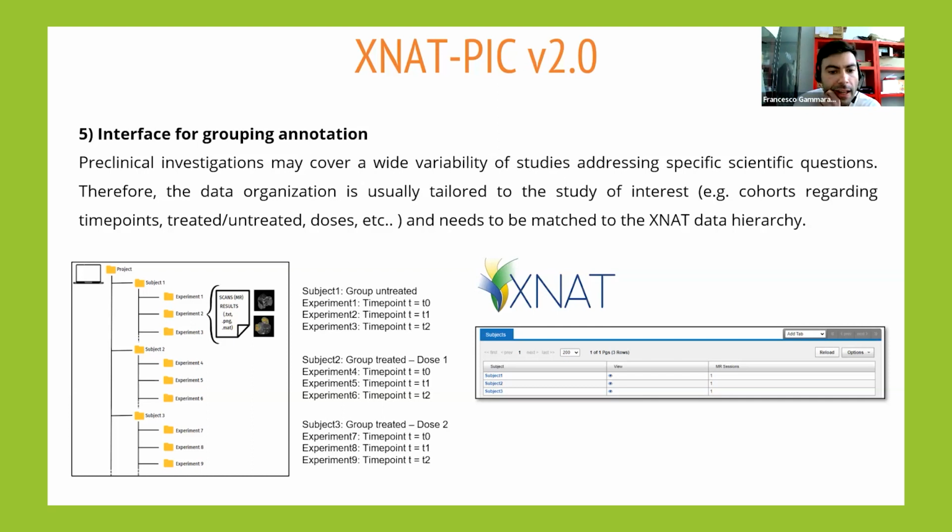So we can have group treated and untreated, and we also have different time points and different doses. And the folder structure on the left shows you this grouping. And if we upload this project to XNAT, we cannot see the custom variables.